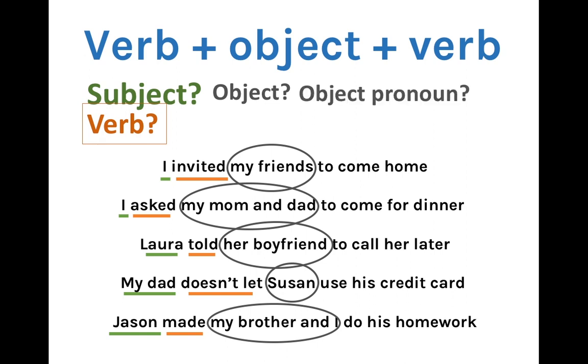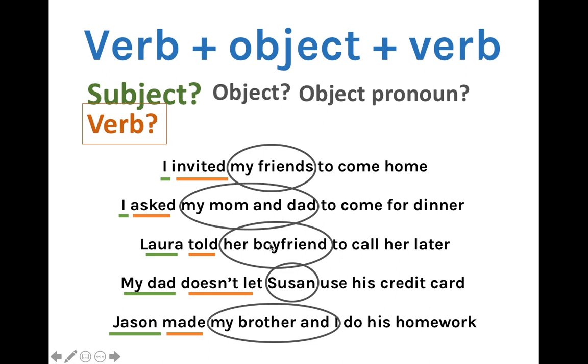So in this case, which ones are the object pronouns that we can use? In the first sentence, to replace my friends, I use them. To replace my mom and dad, which are they, we use them.